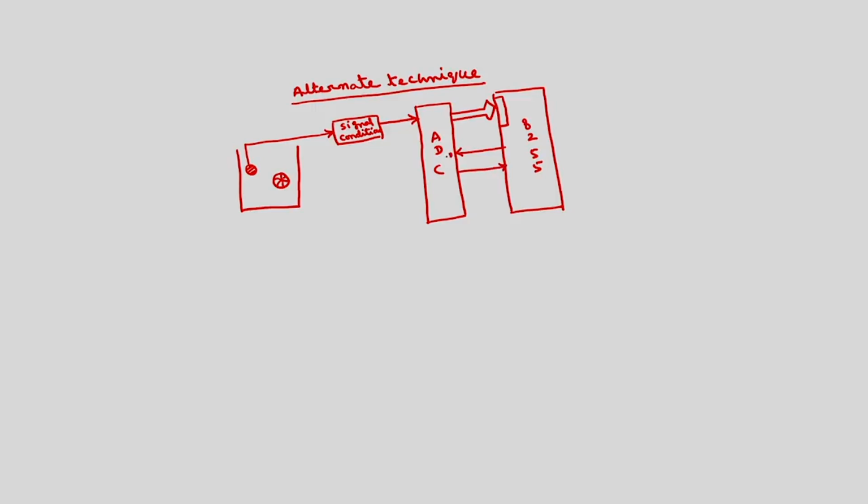This is WR bar. This is INTR bar. This is port A. This is PC3. This is PC7. Now what I will do is connect another port, say port B, to the D to A converter.